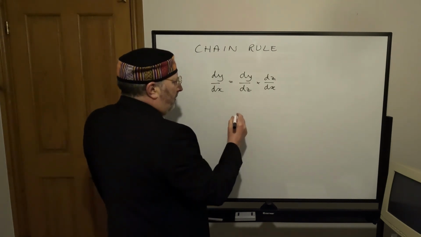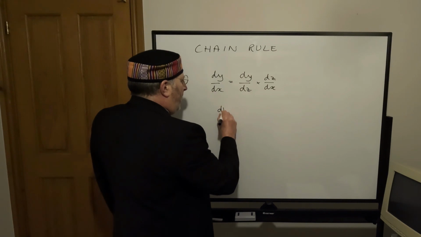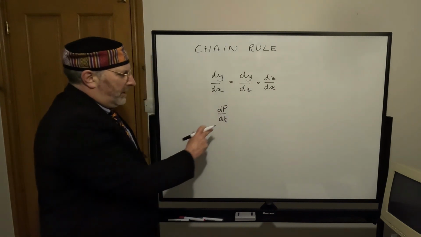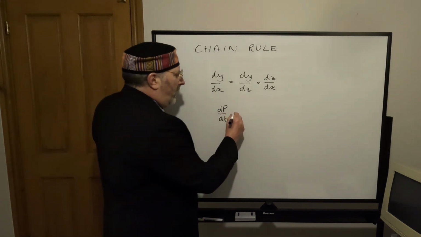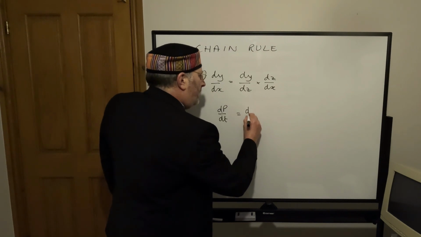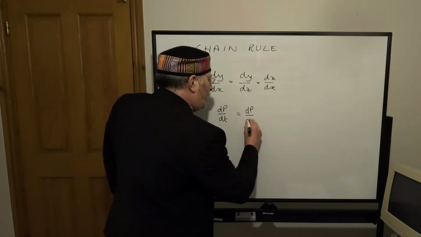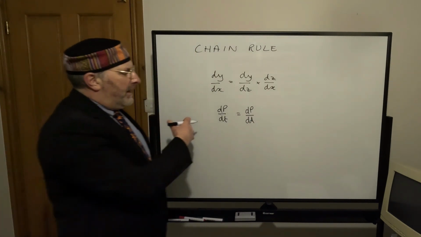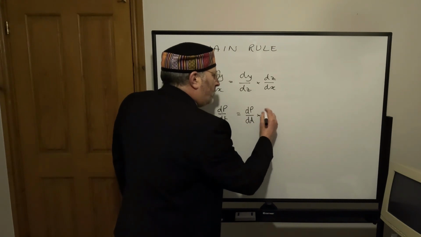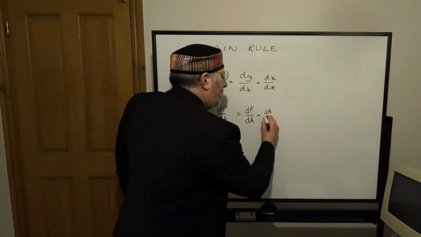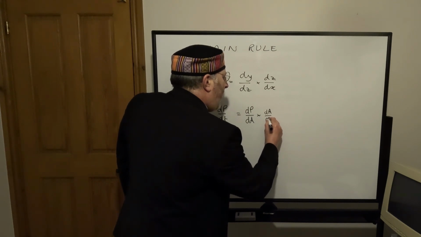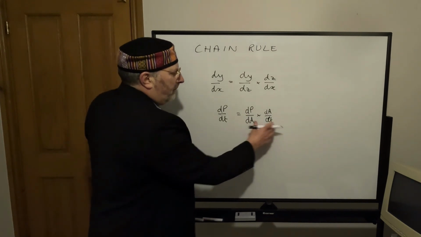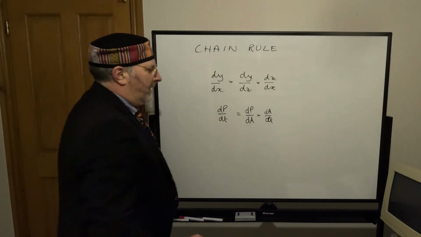So it might be, for example, that we want to find the rate with which the city population is changing over time. Well, we've been given how the population changes with the area of the city. We were just looking at that. And we've also been told how fast the city is growing in terms of area, in terms of square miles, dA by dt. And so we can multiply those two together to get the rate of change of population.